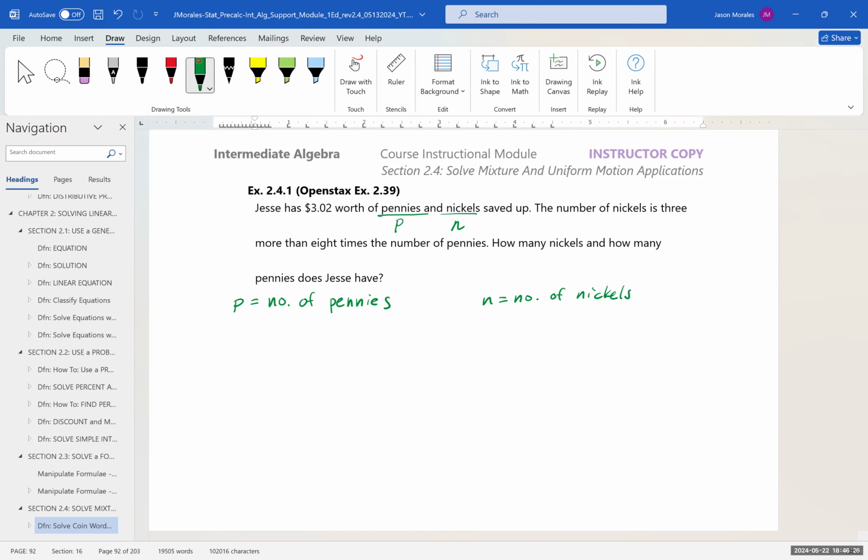One thing I want to point out right off the bat is it asks how many nickels and how many pennies does Jesse have? So what we've got now that's different than before is we have two unknowns.